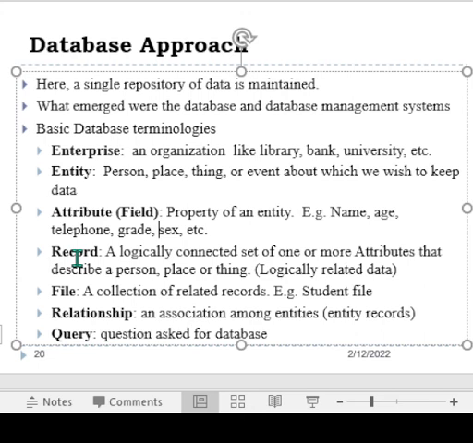A single record is about a specific object, place, or person. We can also say a record is a row. A file is a collection of related records; a collection of two or more records is what we call a file. A relationship is the association between entities, not attributes. The other one is query. A query is a question asked of a database.